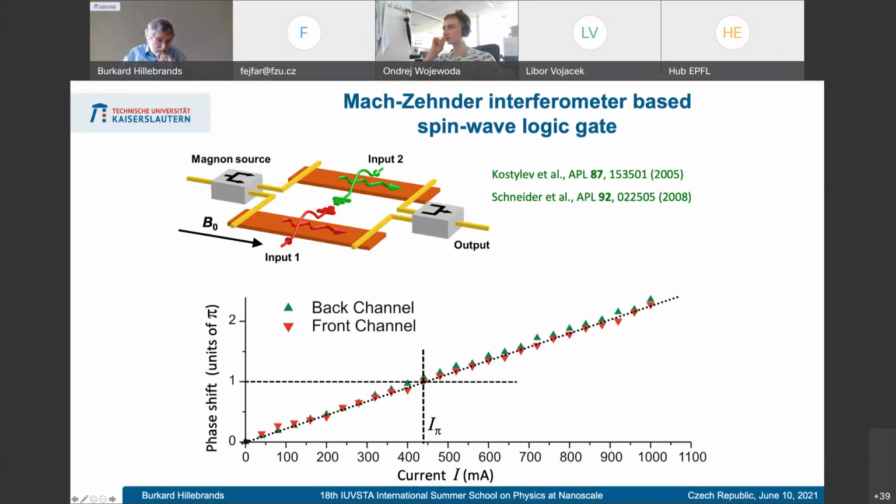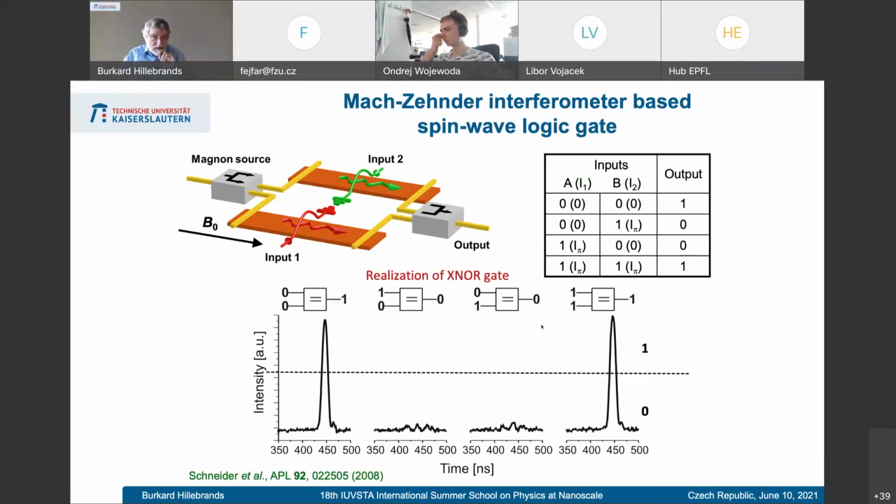And indeed, if we plot the phase shift, this is now measured data, as a function of the current through such a wire, you see we can achieve a phase shift of pi or 2 pi easily within the available parameter range. So what we can do, we can put either a current through this waveguide or through this waveguide and measure the interference. And that is the measured signal of the interference.